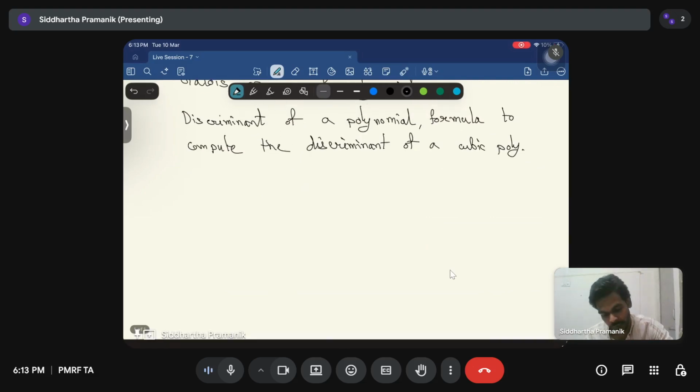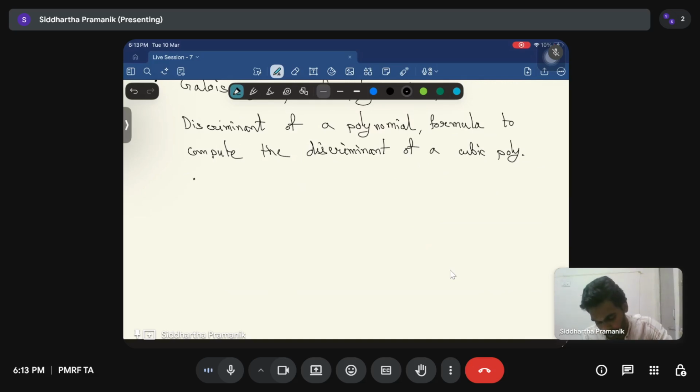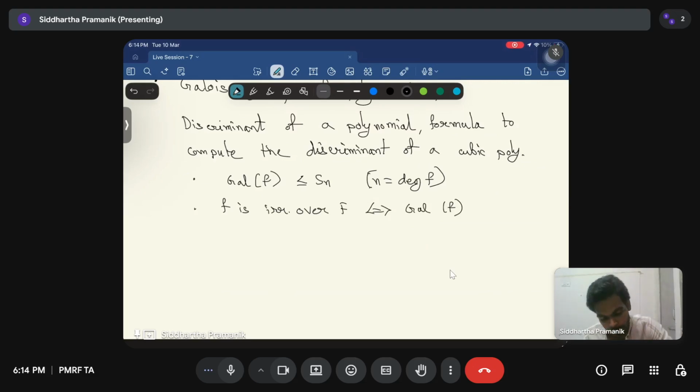Then we have listed several results, such as: the Galois group of a polynomial is a subgroup of Sn, where n is the degree of the polynomial. Second, f is irreducible over F if and only if its Galois group over F is a transitive subgroup of Sn.